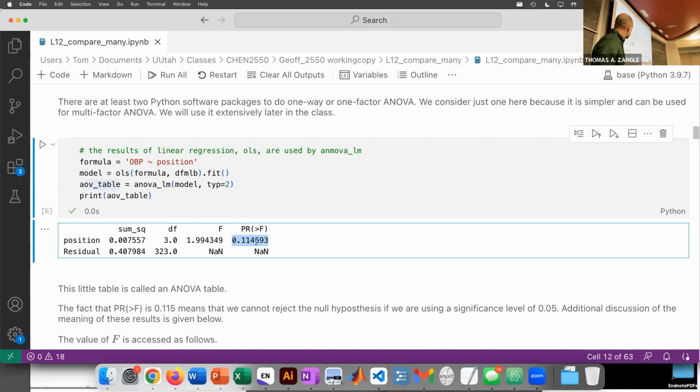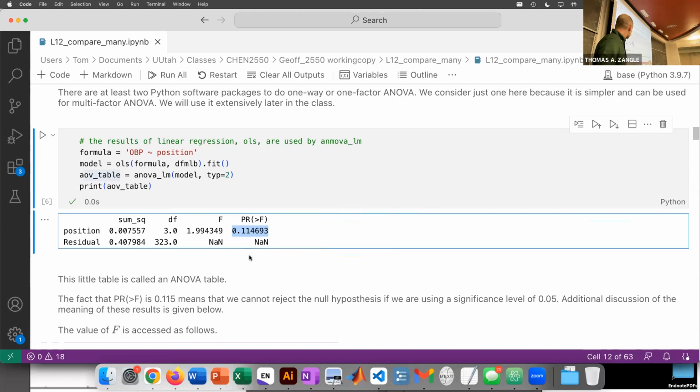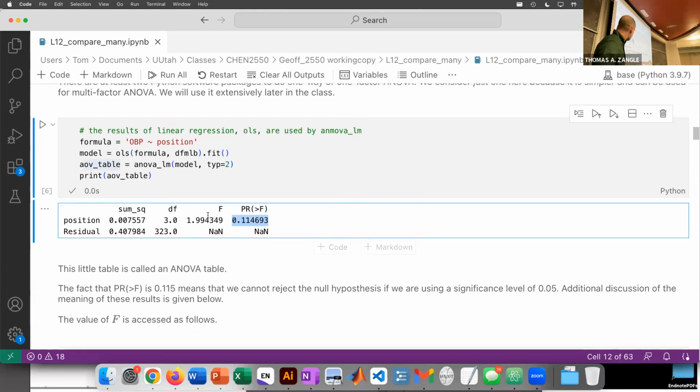This is basically giving us the p-value that the position has an impact on, in this case, the average value of the on-base percentage. And so just from this table, before we get into what all of these different terms are, which we'll do just down below, we can see that our p-value is 0.115, meaning that we therefore cannot reject the null hypothesis at the significance level of 0.05.